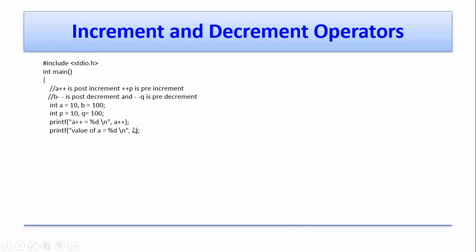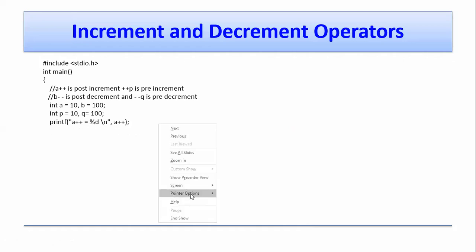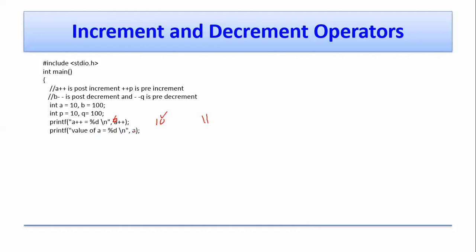As I told you earlier, in the first one A comes first, so that is 10, and then it is incremented by 1. Then A will become 11, but 10 will be printed. Then the value of A is 11. Now the value of A is 11, but in here it is plus plus P.